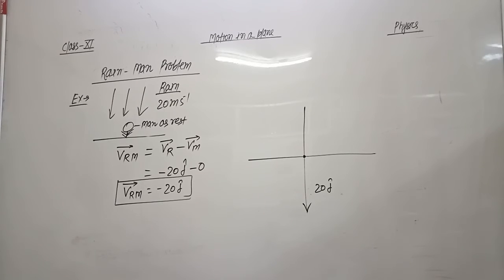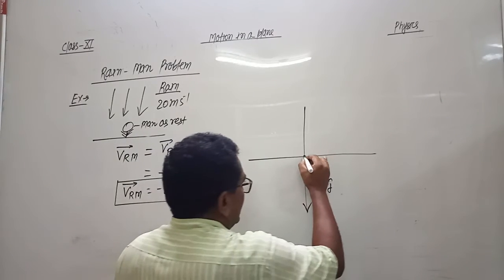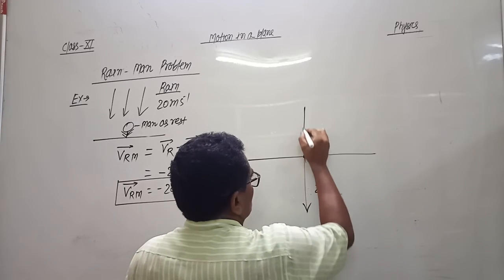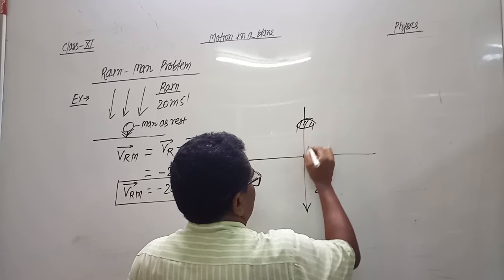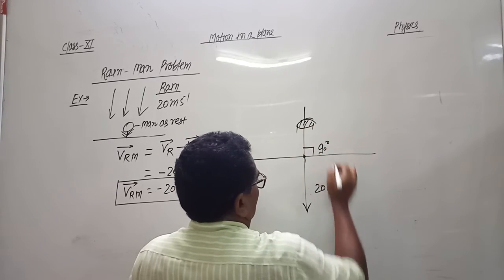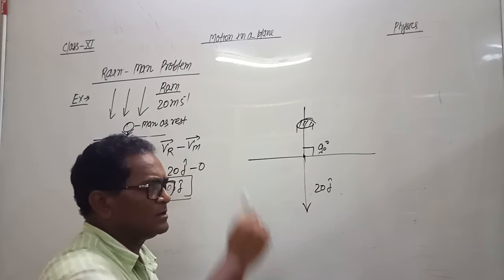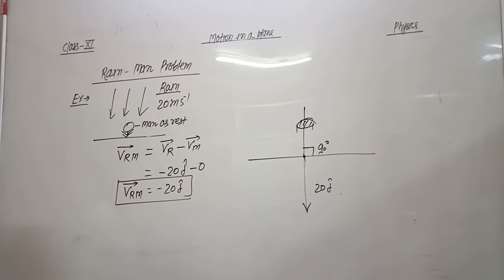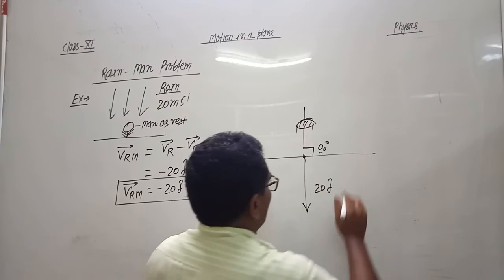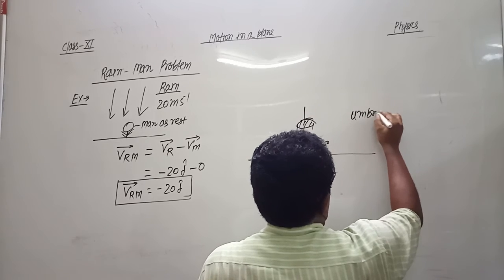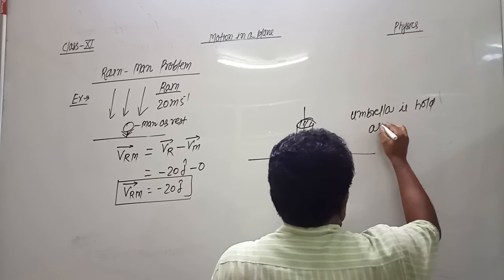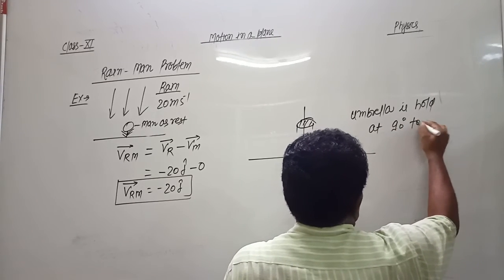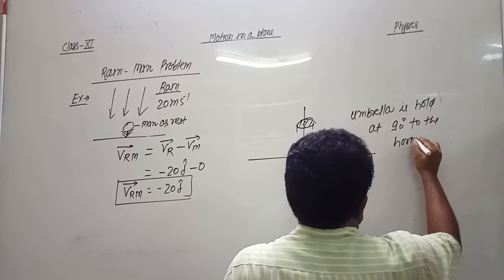The umbrella is held at 90 degrees. Rain is falling in this direction, so the umbrella must be held at an angle of 90 degrees, vertically upward, perpendicular to the horizontal.